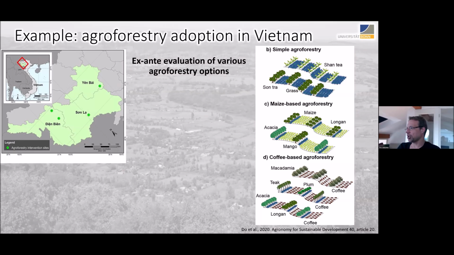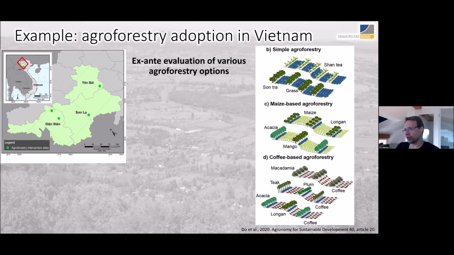This was an ICRAF project, so a World Agroforestry project that had been going on for a long time. And people had been doing all kinds of tests on this, but what they didn't really have is any sort of evaluation of the long-term prospects of these options, because it takes a long time to grow these systems and for them to mature. Yeah, so in most cases, decision makers on such things, they don't want to wait for 20 years until they actually know whether something is viable.